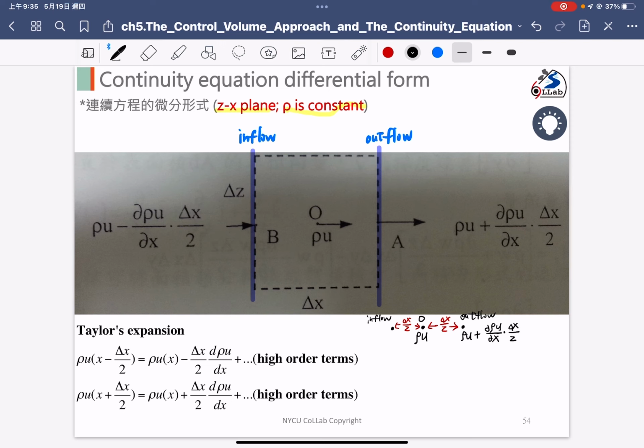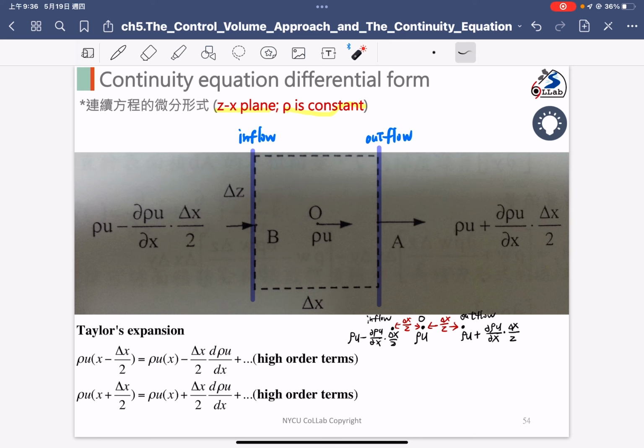So the velocity on the inflow side we can write as rho u minus the gradient of rho u with respect to x, multiplied by delta x over 2. And why do we use the minus? Because we assume the linear gradient of the velocity along x is positive, so when we go to the left, the value decreases.